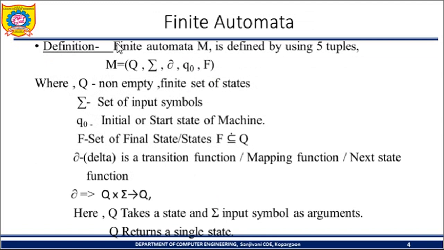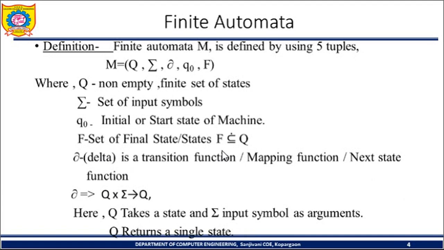Definition of finite automata. A finite automata is defined using a 5-tuple M = (Q, Σ, δ, q0, F). So, what do we mean by capital Q? Capital Q is a finite non-empty set of states that indicates how many states are required to design the finite automata for the given problem or language. Σ is the set of input symbols, q0 is the initial or start state of the finite automata, and F is the set of final states.